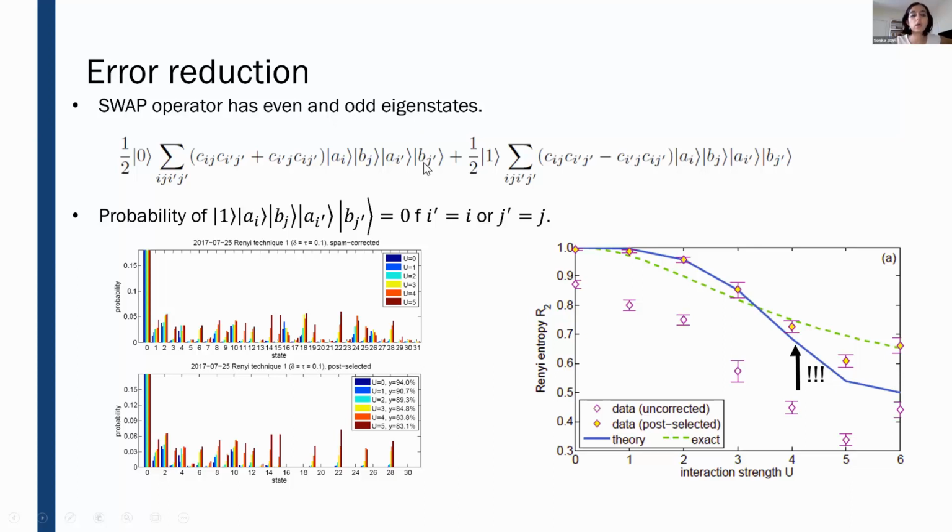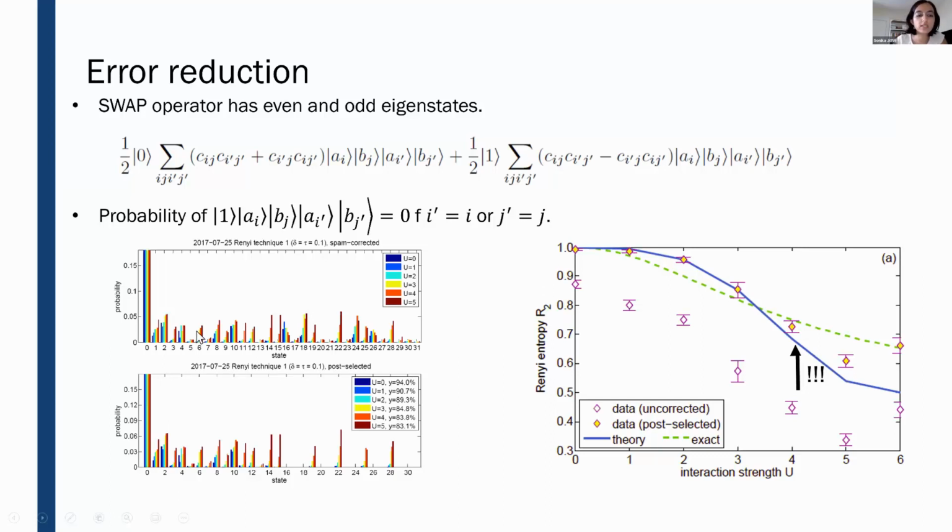So if we measure the ancilla qubit in a state 1, it means that the corresponding data qubits in the two copies that we have prepared cannot be the same. Long story short, we can design a filtration technique.